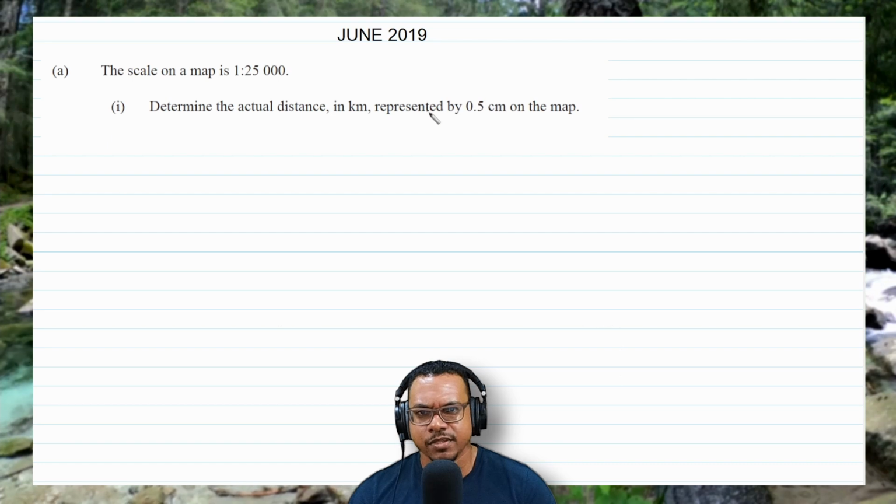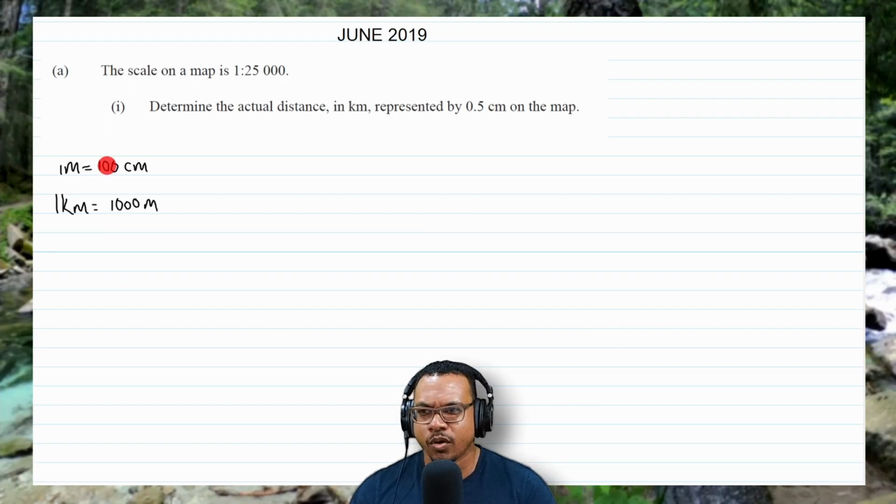So before we get into the question, things you need to know. We know that 1 meter is equal to 100 centimeters. And we know that 1 kilometer is equal to 1,000 meters. So what we have is 100 centimeters to make up 1 meter, and then 1,000 of those meters to make up 1 kilometer.